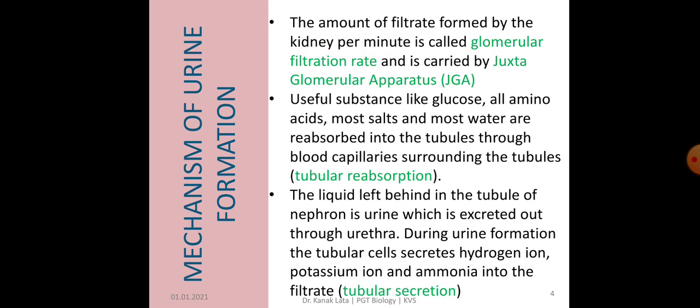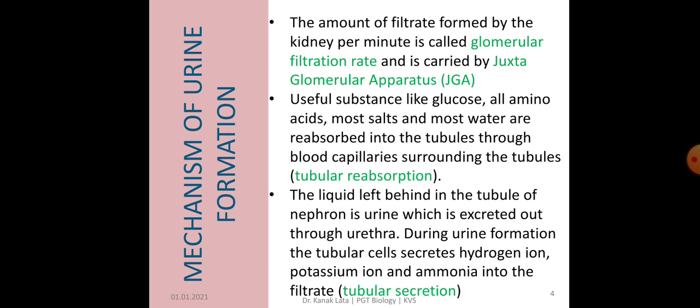The amount of filtrate formed by the kidney per minute is called glomerular filtration rate and is regulated by the juxtaglomerular apparatus. Glomerular filtration rate in a healthy person is about 125 ml per minute, that is 180 liters per day.